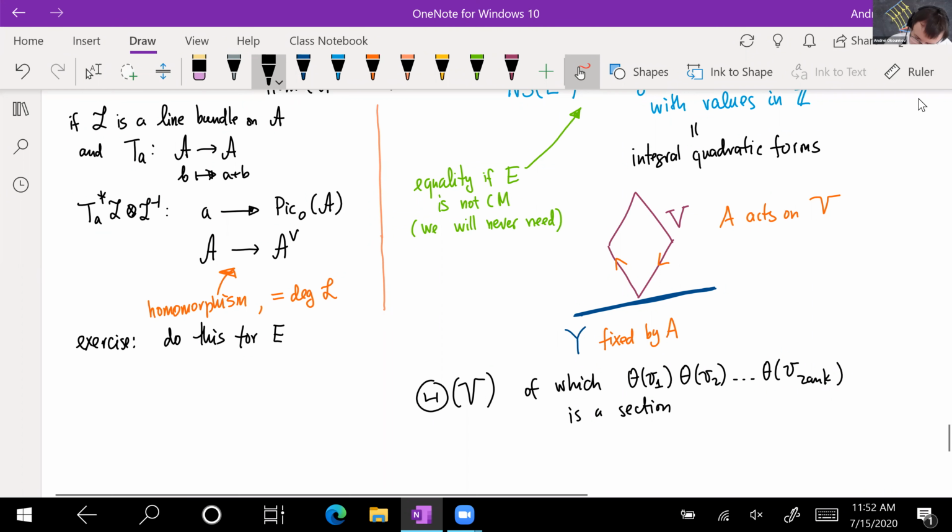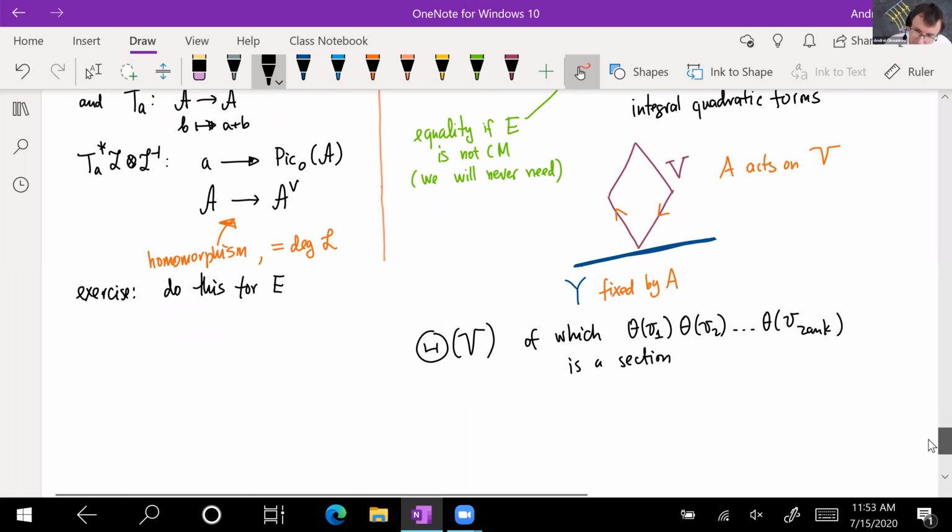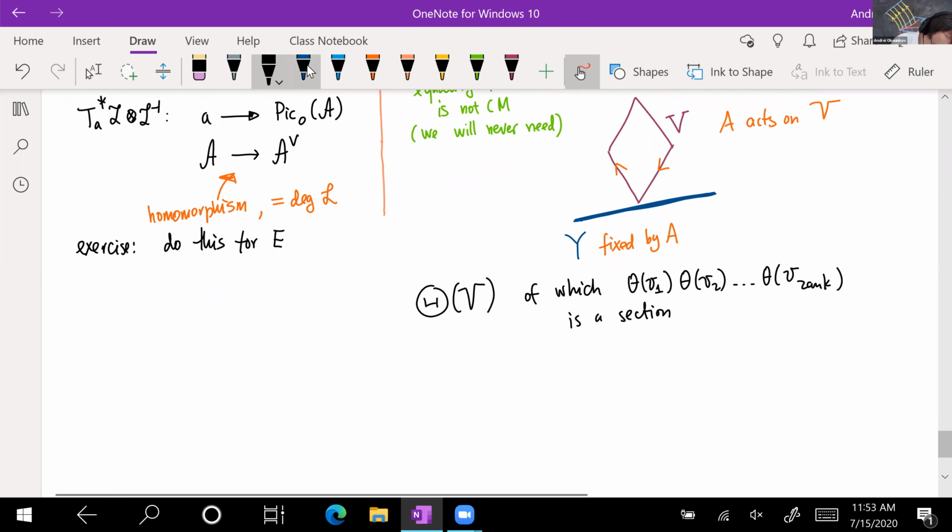So the way this is defined is that this vector bundle defines a map from elliptic A Karenka homology of Y, which, since A acts trivially, is just some number of copies of an abelian variety.